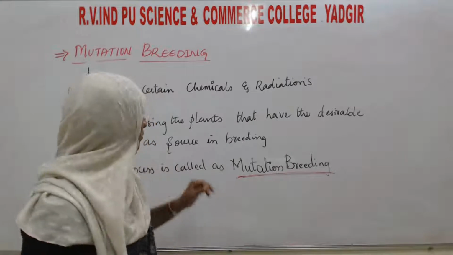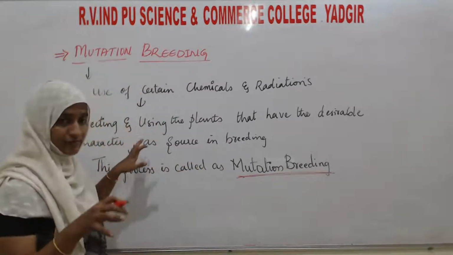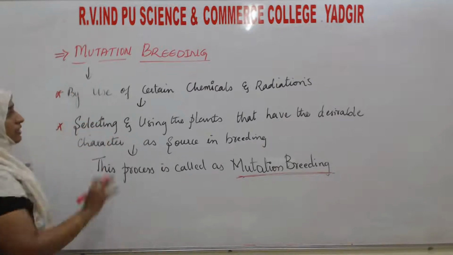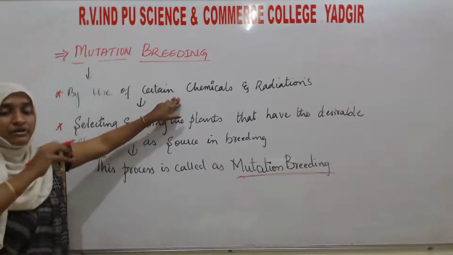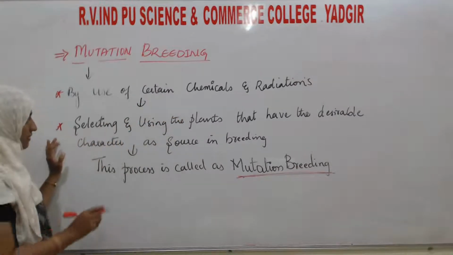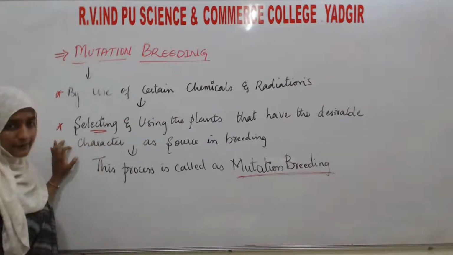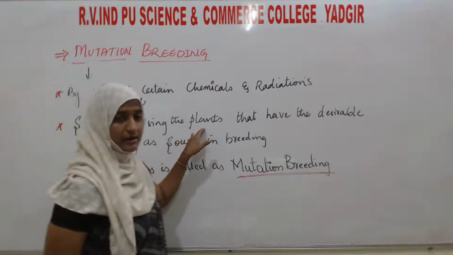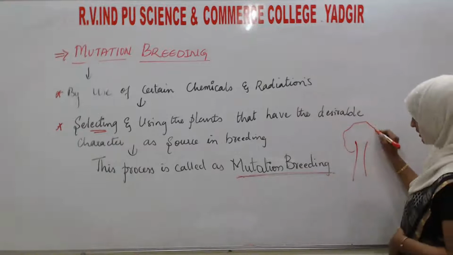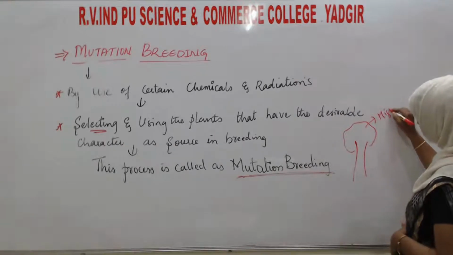See here, the first step is that they expose that particular plant to some chemicals and radiation. Second step, they select and use that plant. For example, this plant has a high yield.